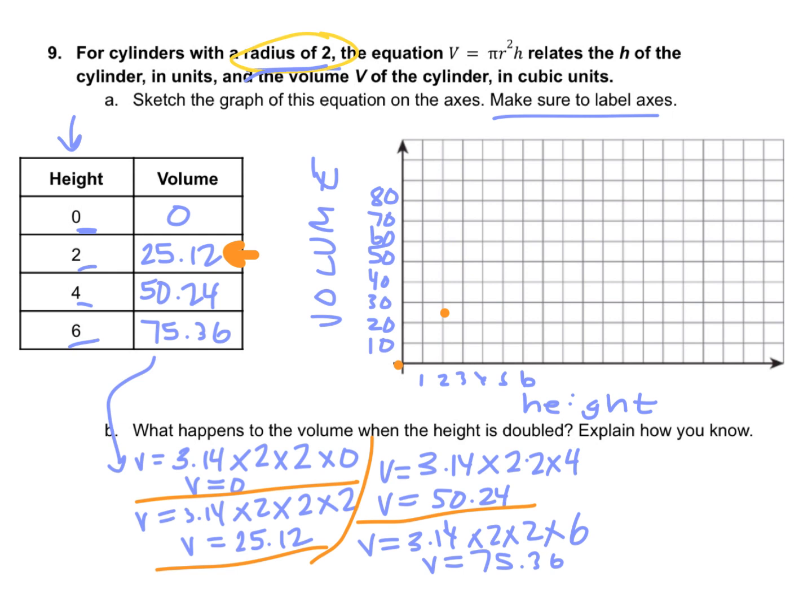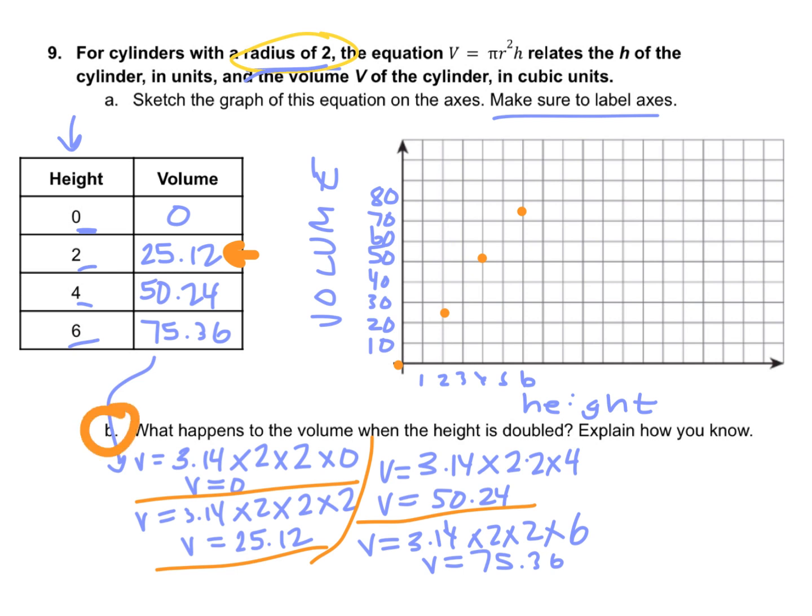Over 4, up 50, just a tiny bit over 50. And then over 6, up 75. It's going to be kind of in the middle, so right there. Okay, now look at what we've got here. A proportional graph. And if I connected all those dots, it would be linear.